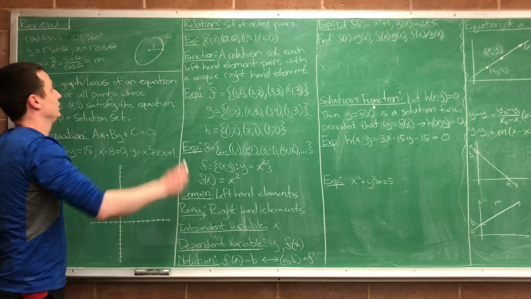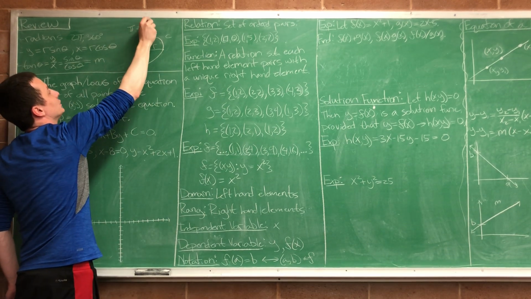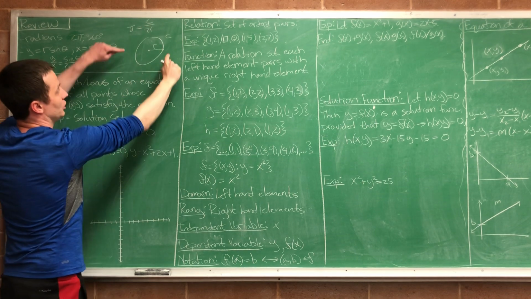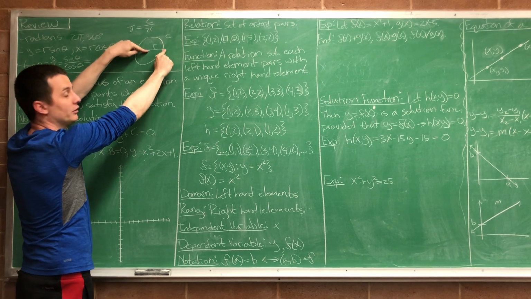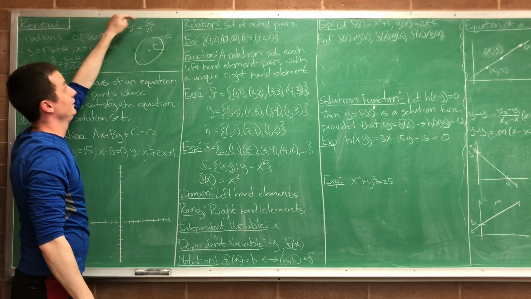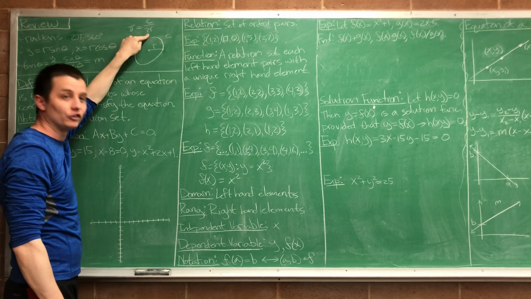Pi is equal to circumference over diameter, or 2 radiuses. Diameter is this distance, all the way across. So radius is half the diameter, so 2 radiuses gives you the diameter. Pi is circumference divided by diameter. That's its definition.